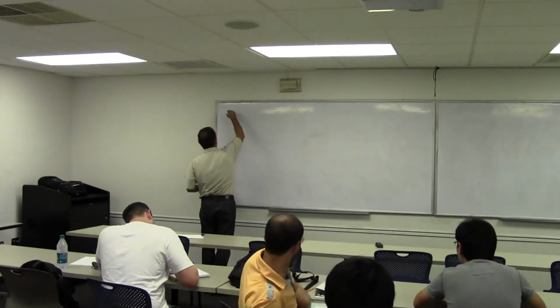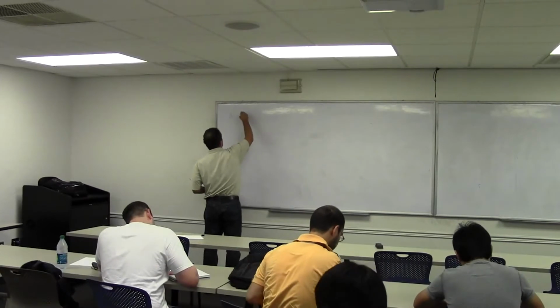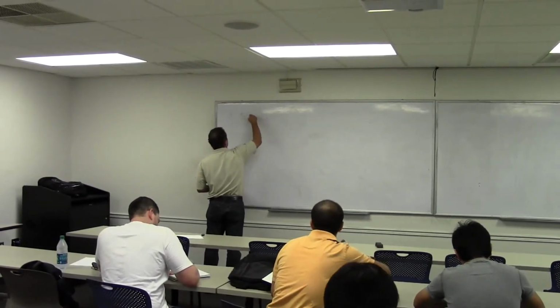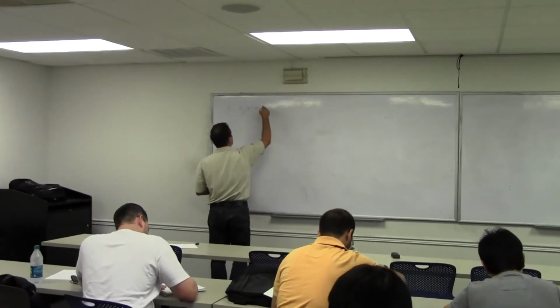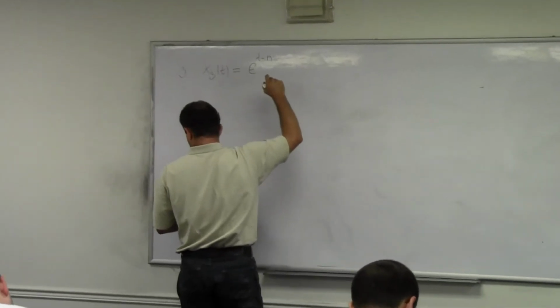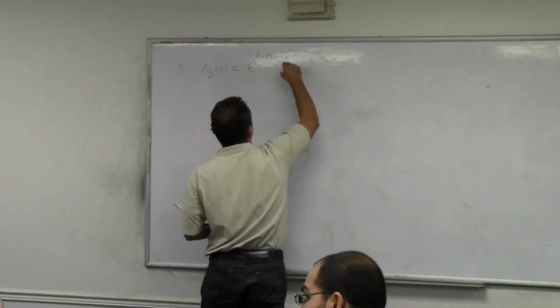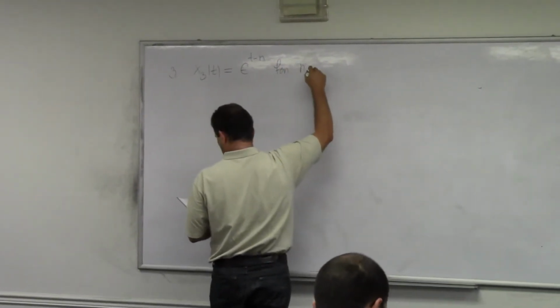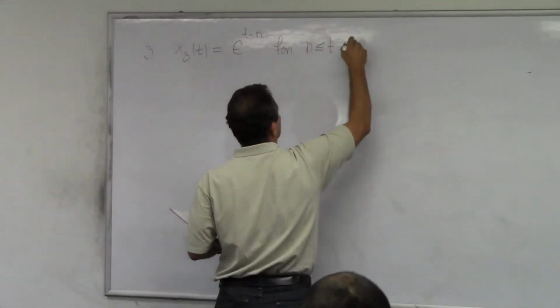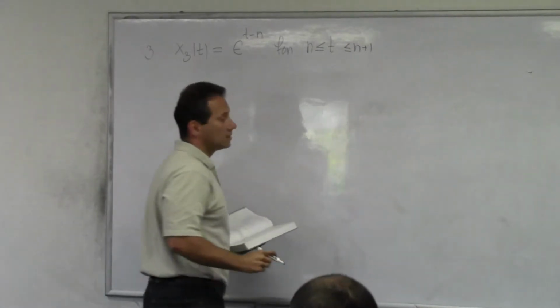Okay, so part 3, it's x3 of t, which is going to be given as e to the t minus n for n less than or equal to t smaller than n plus 1. So what is the issue here?